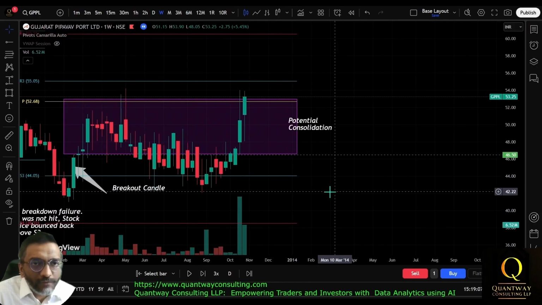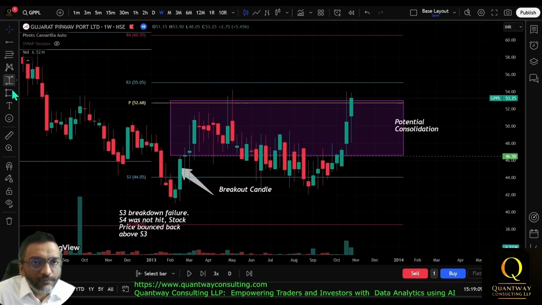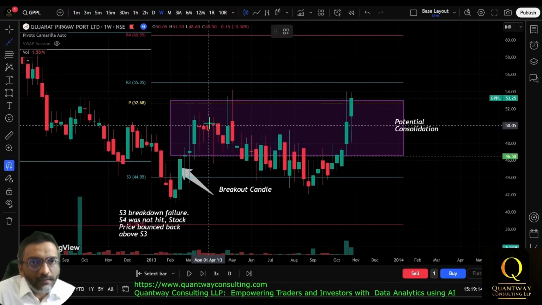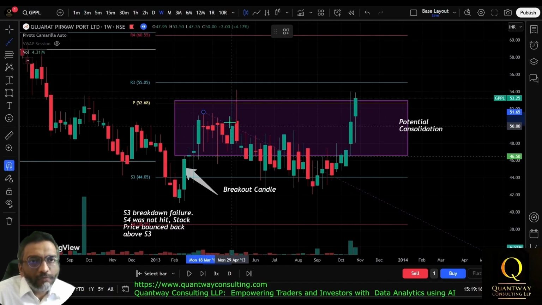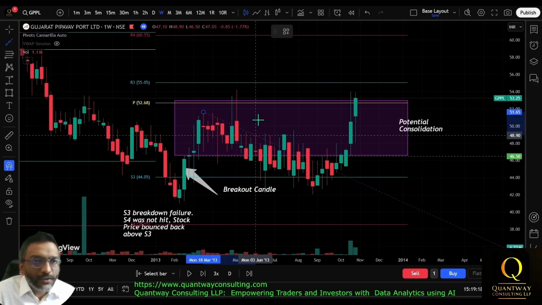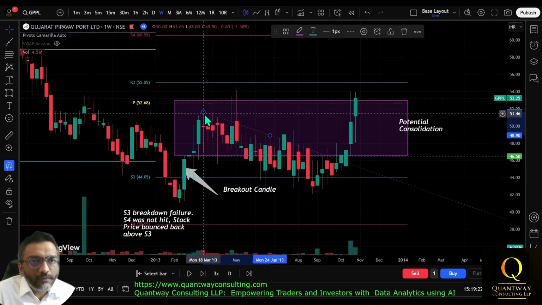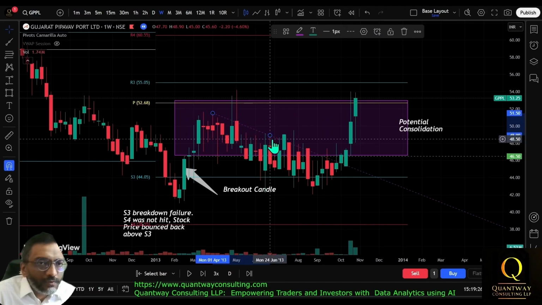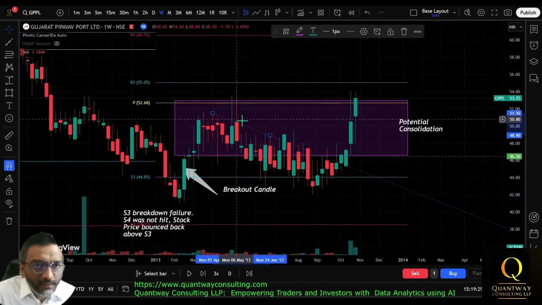So from the lower end of the rectangle, that is the lower end of the bracket, it has moved to the higher end of the rectangle, that is the higher end of the estimated consolidation zone. That is, it has reached the pivot. So now I'm drawing a downtrend line. This is all the hindsight advantage that we are getting.